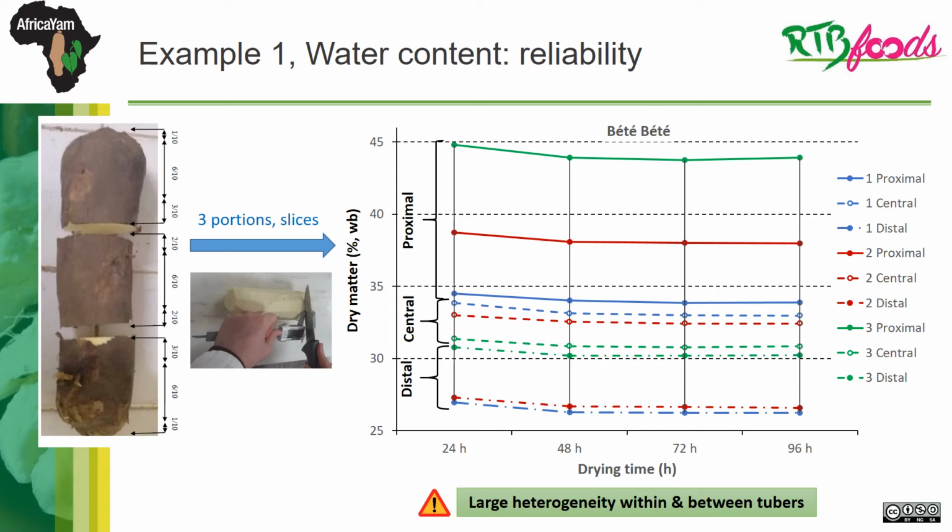So if you want to determine water content in yam tubers, you have to perform the analysis on several tubers, and in addition, on several samples in each tuber, to obtain a correct value of water content.